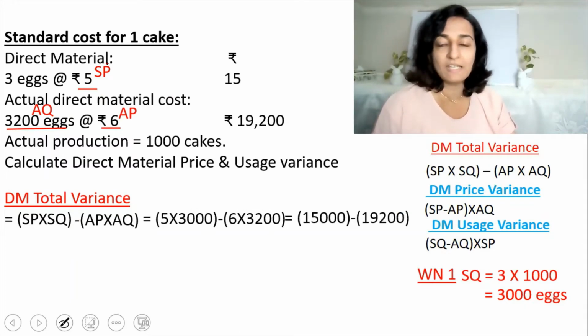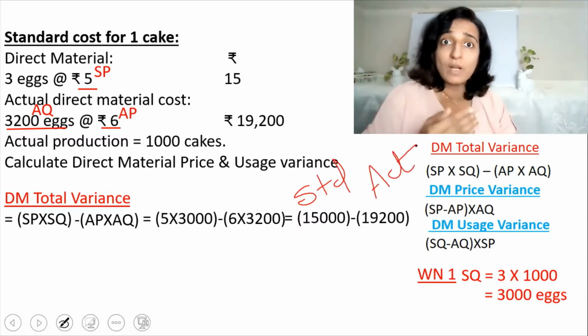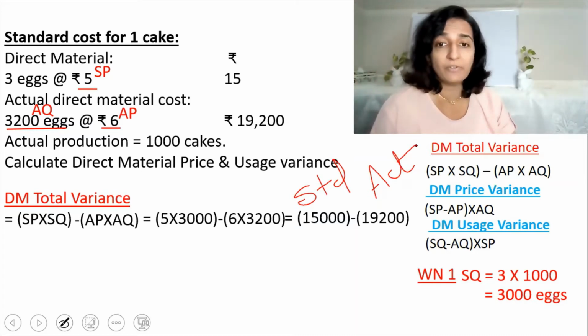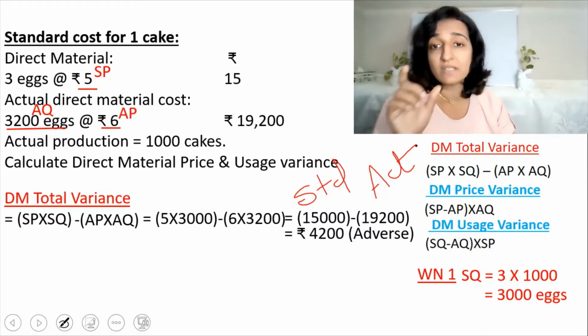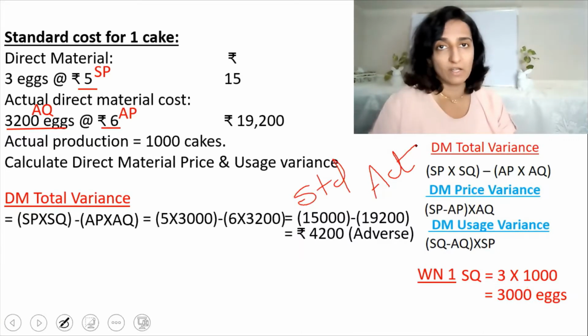So we get 15,000 minus 19,200. This is the standard cost, and this is the actual cost, which means that our actual cost is more than the standard. The variance is adverse or unfavorable. So it is 4,200 adverse variance because the actual cost has exceeded the standard cost.